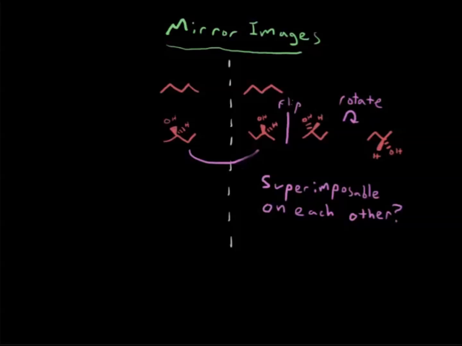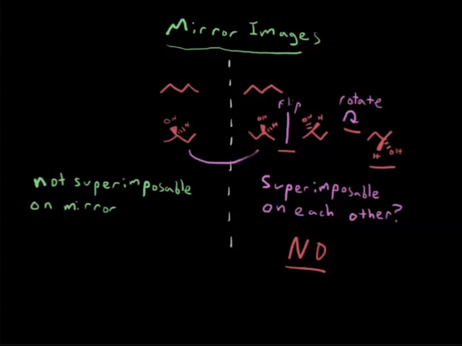We can do pretty much anything we want to it, and it's not going to be the same molecule. There's no way we can get that hydroxyl and that hydrogen in the same configuration as we had to start. So they're not superimposable. So a molecule that is not superimposable on its mirror image is called chiral. That's chiral.